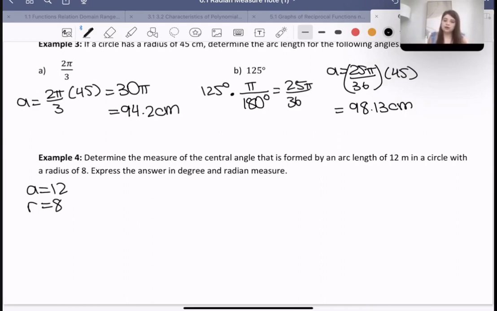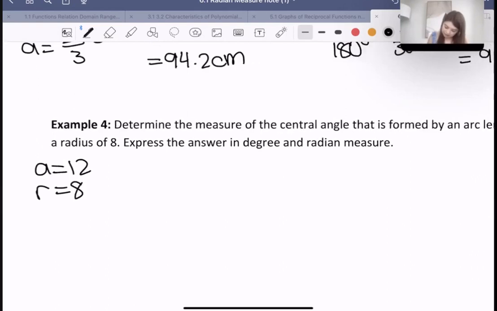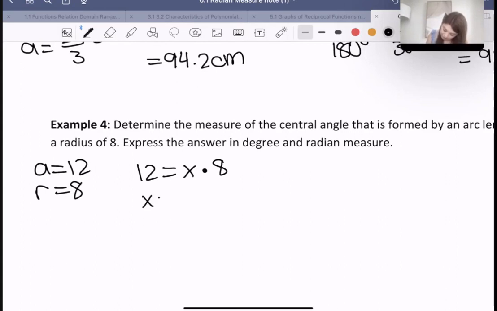So we have a general equation, which is that a equals x times r. So in this case, 12 equals x times 8. So therefore, x is equal to 12 over 8, which is equal to 1.5, right? So the answer is 1.5 radians.